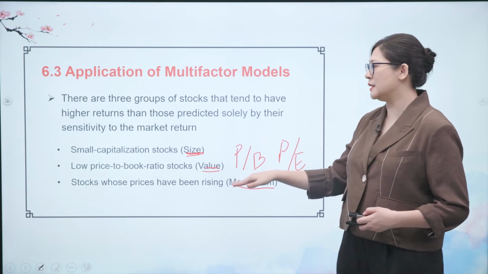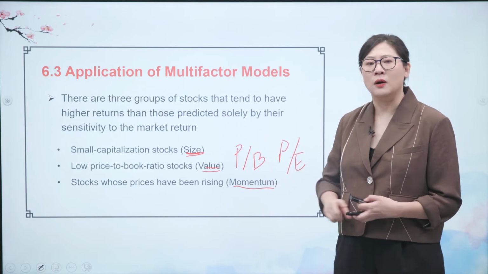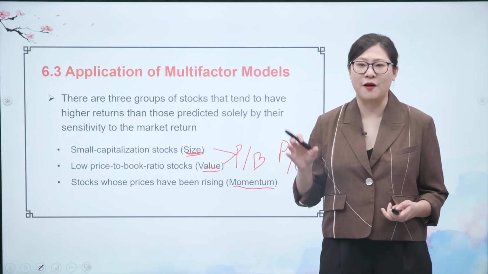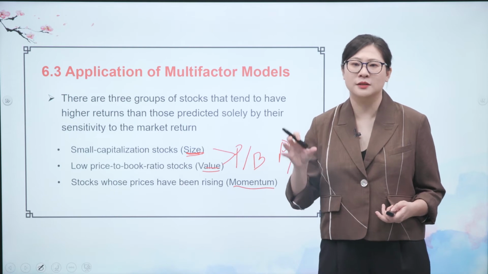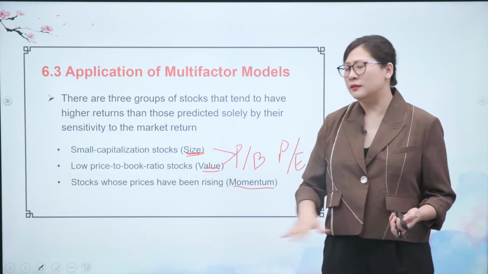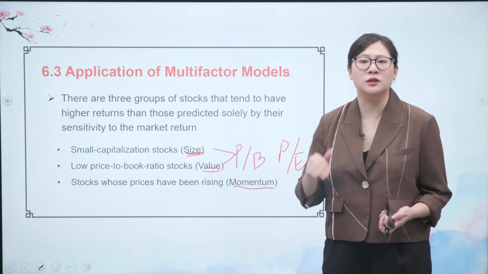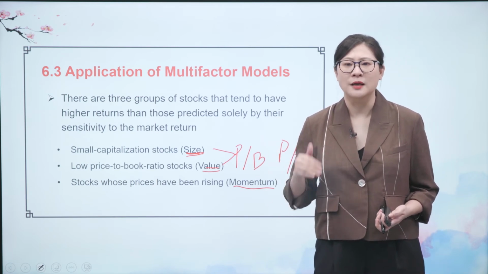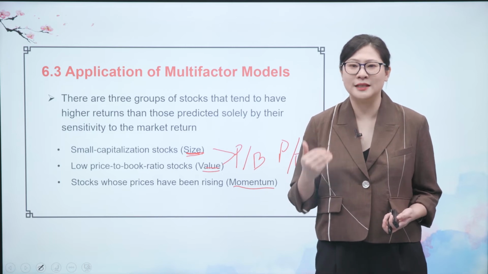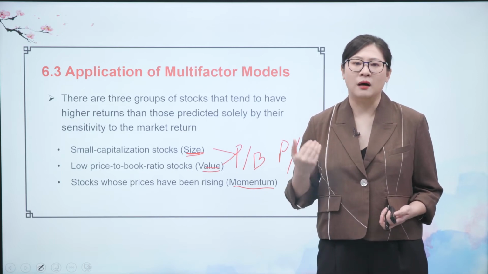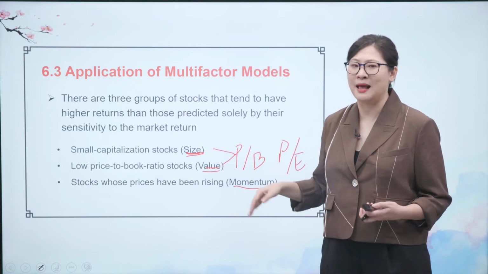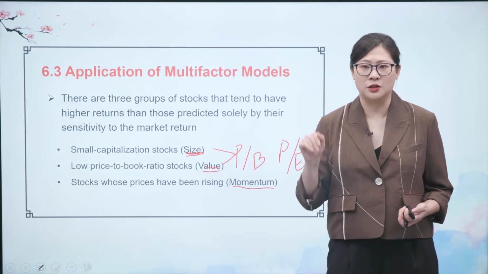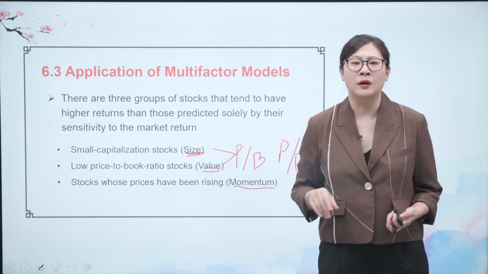So based on these three basic conclusions, we will form the Fama-French three-factor model. This conclusion cannot be explained by CAPM, the Capital Asset Pricing Model. That's the basic criticism of CAPM, because it cannot explain why small cap, low PB, and momentum stocks have a higher return.